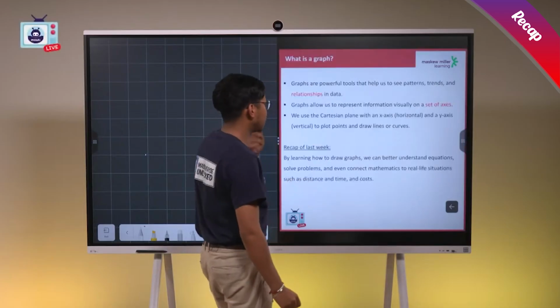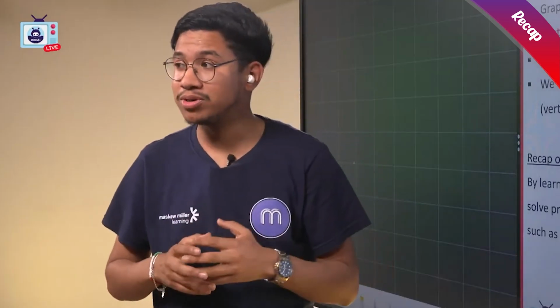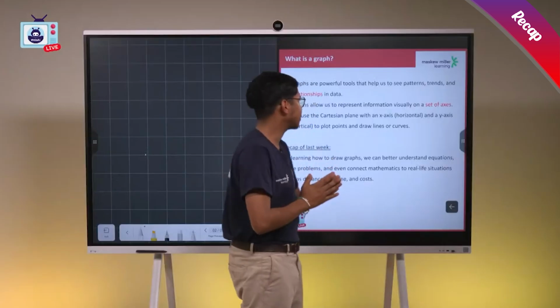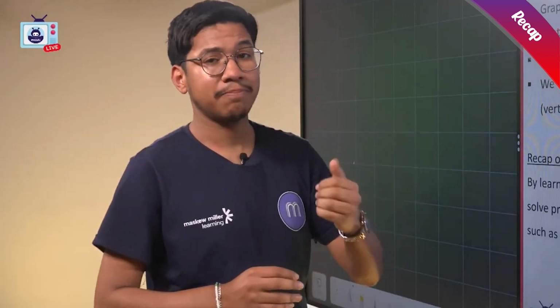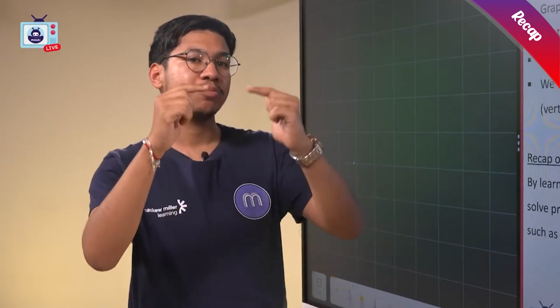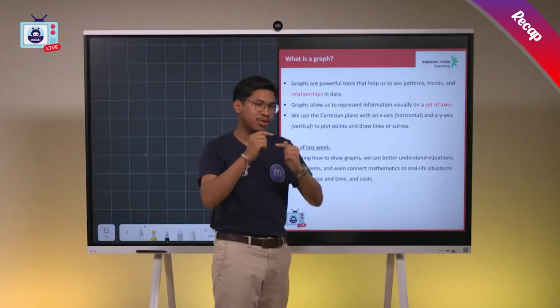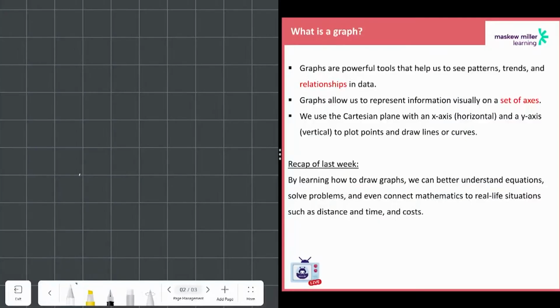All right. So again, last week we spoke about graphs and how important it is to understand the concept of graphs. But again, graphs are powerful tools that help us understand patterns, it helps us see trends, and it also shows us the relationship between data or the relationship between variables, all right? It allows us to represent information on a set of axes, which I explained just before this, all right?